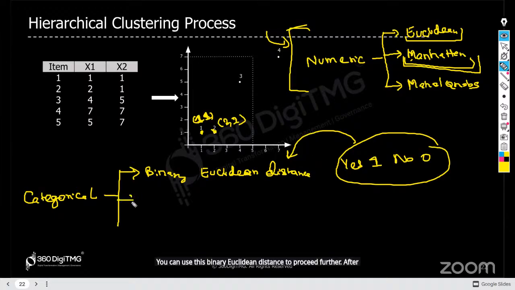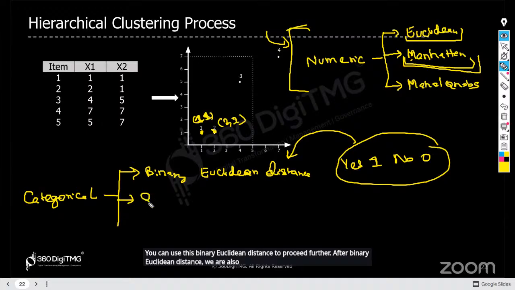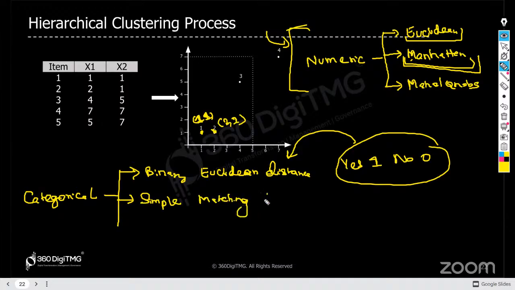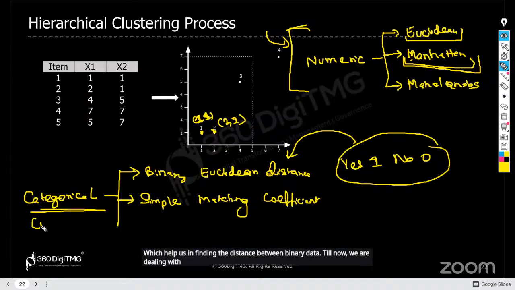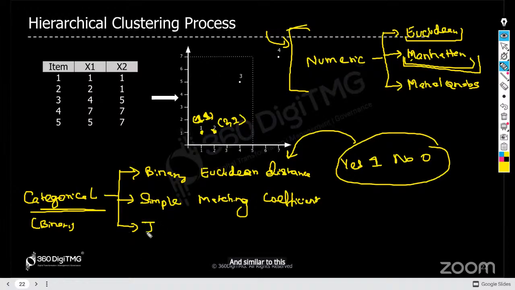After binary Euclidean distance, we also have the simple matching coefficient, which helps us in finding the distance between binary data. Till now, we are dealing with binary data. Similar to this, we have Jaccard's index.